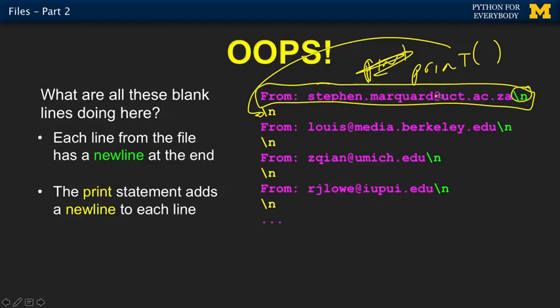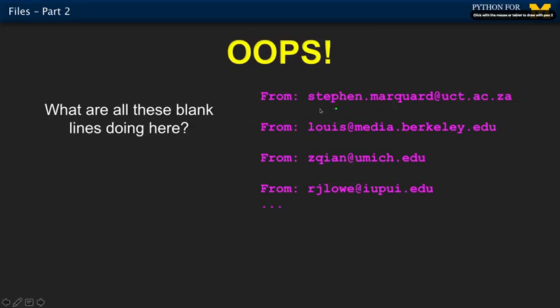So this part is what we read in from the file, and this is the new line that was added by the print statement. So we end up with two new lines, which leads to a new line with no characters, leaving a blank line. That's how we end up with blank lines. The print statement did this, then the text from the file did this, and then the print statement did one more, and so we ended up with blank lines.